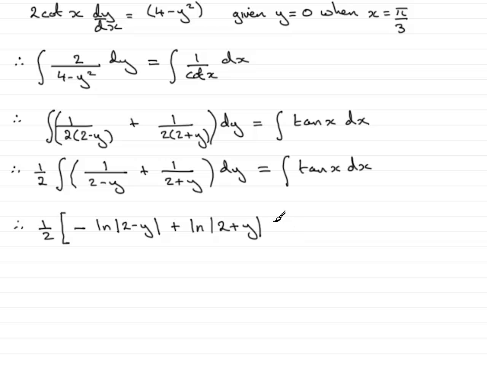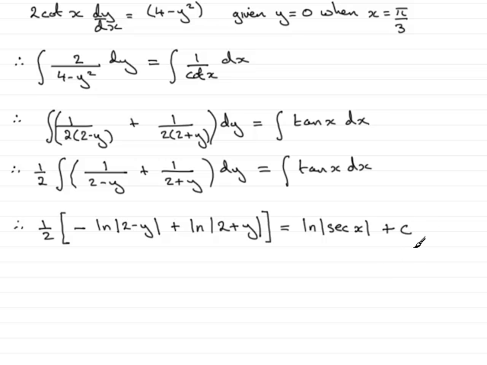Let's just square that bracket off there. Now the integral of tan x with respect to x, you should know this one. It's a standard integral in your formula book, and you'll see that it is the natural log of the mod of sec x. Don't forget the constant of integration, plus c.